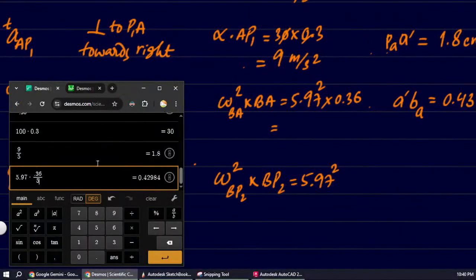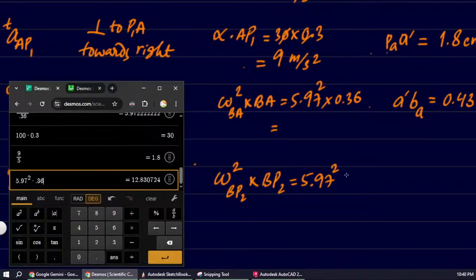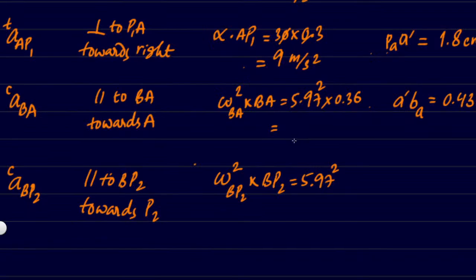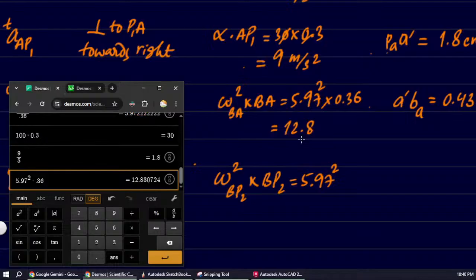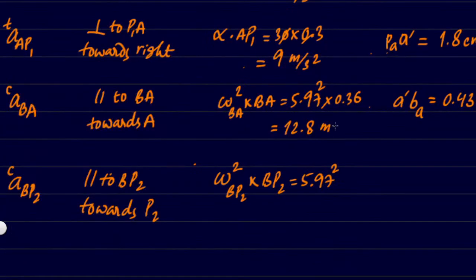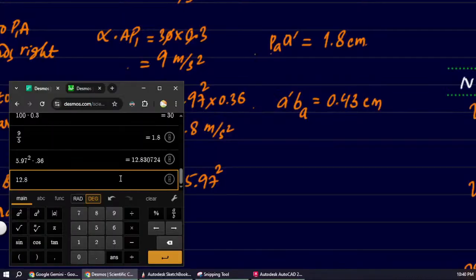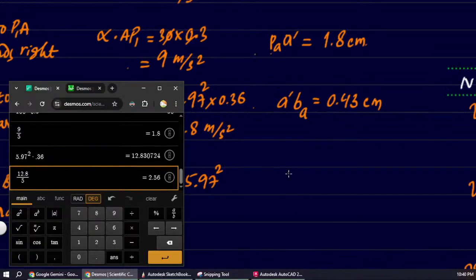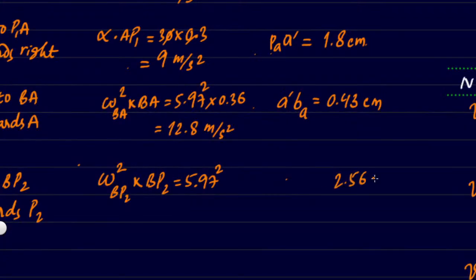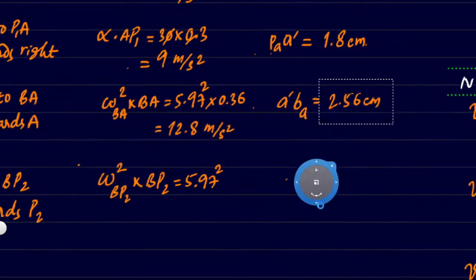So let's go back to the problem. This has to be squared, so that we are getting 12.8 meters per second square.